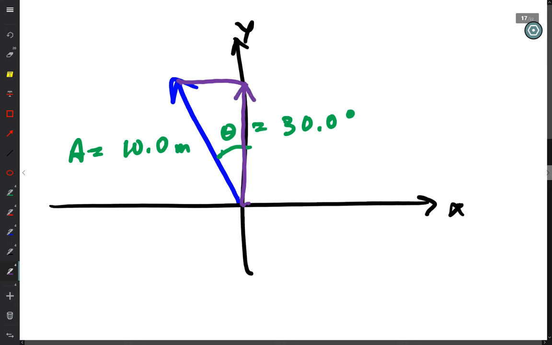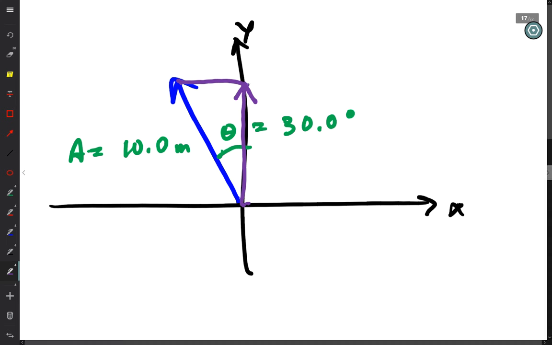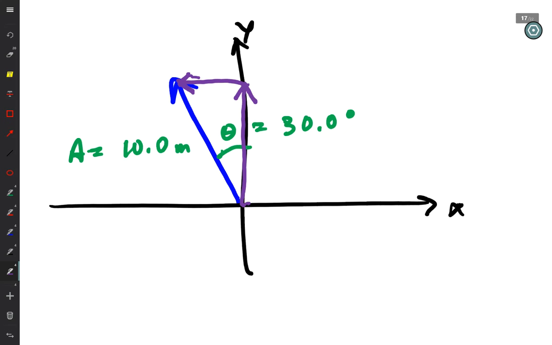So this is going that direction for the y component. So the y component is going up. Is that plus or minus based on my definition of y? Plus. To go from here to the end, I have to go left. So that's my x component. Is that positive or negative? Plus or minus for the x component? It's minus because my x was positive to the right, and that's going to the left.